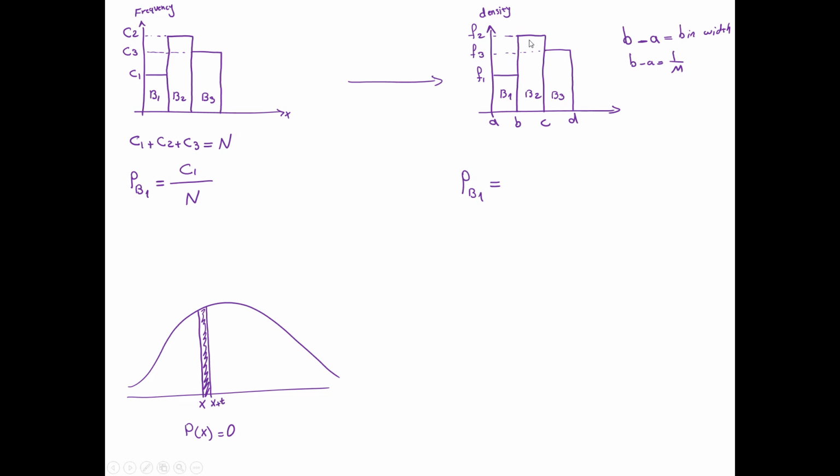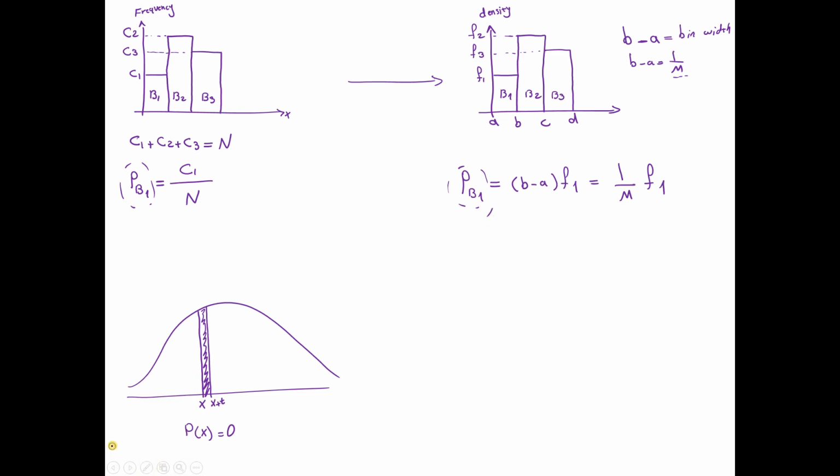What is our range here? First bin, A to B. So how do you calculate the area on the curve? It becomes B minus A times F1. What is B minus A? 1 over M multiply F1. Are these the same, PB1, PB1? Yes, the same.